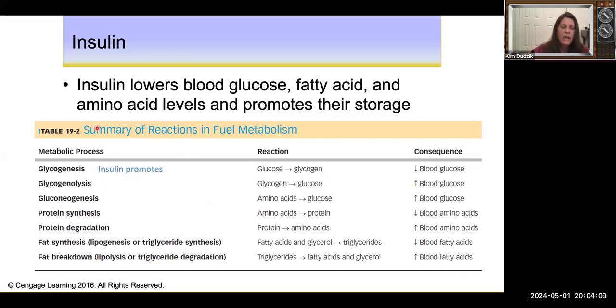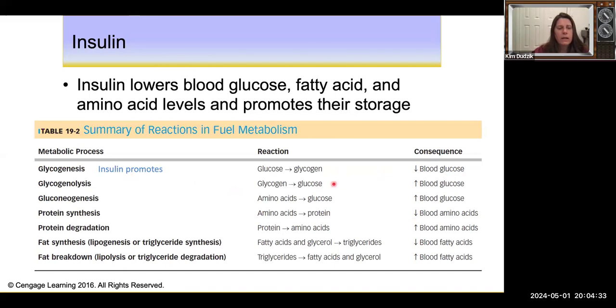I put this table back up. For glycogenesis, which was taking glucose out of the blood and converting it to glycogen in the liver, insulin promotes this process. Insulin promotes glycogenesis. So the consequence is it will end up lowering blood glucose. That's the job of insulin, lowering blood glucose.